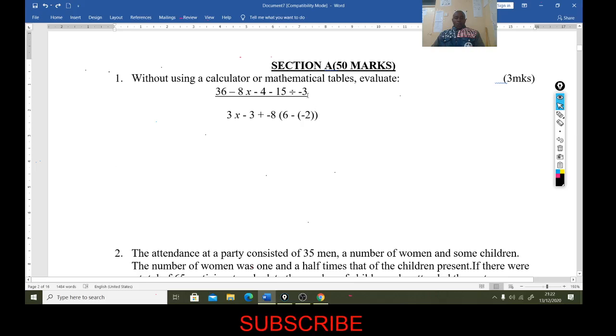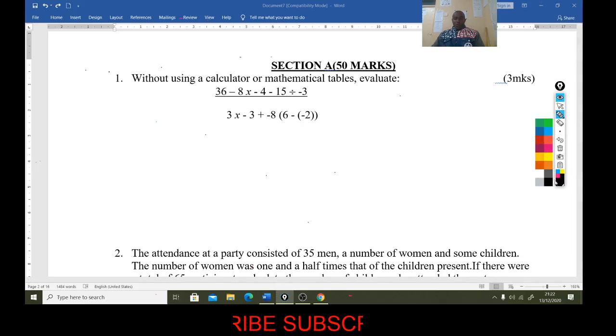In this question we use what we call BODMAS. BODMAS stands for Brackets, Order, Division, Multiplication, Addition, and Subtraction.